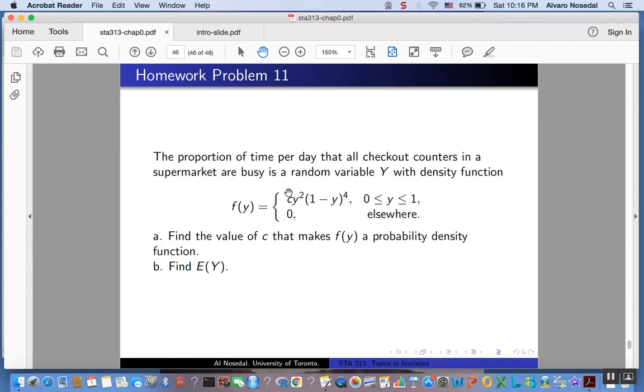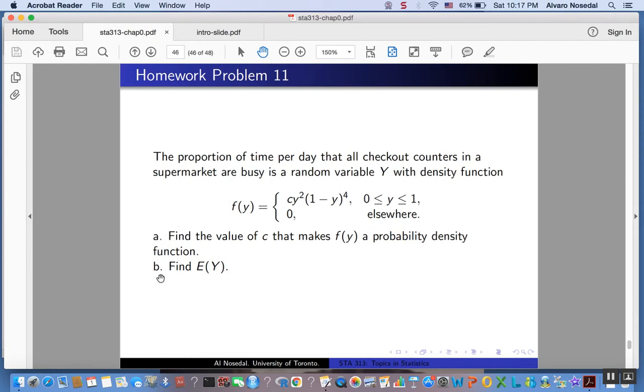That is the condition we're going to use to find that missing constant. So that's going to be used to solve part A.